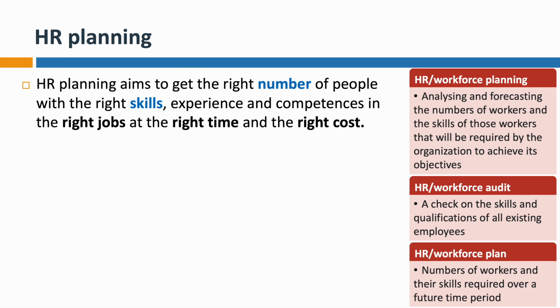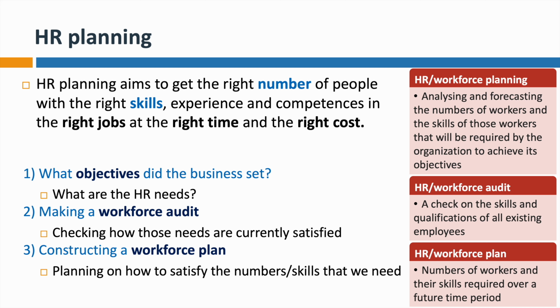So in a way, we start with setting our objectives. We need to know what the HR needs will be in 6 months, in 1 year, in 2 years, in 5 years.